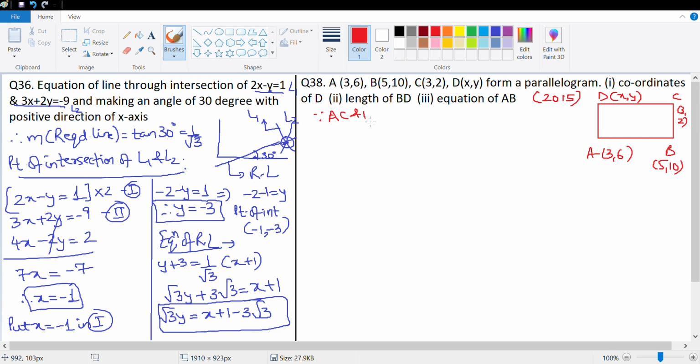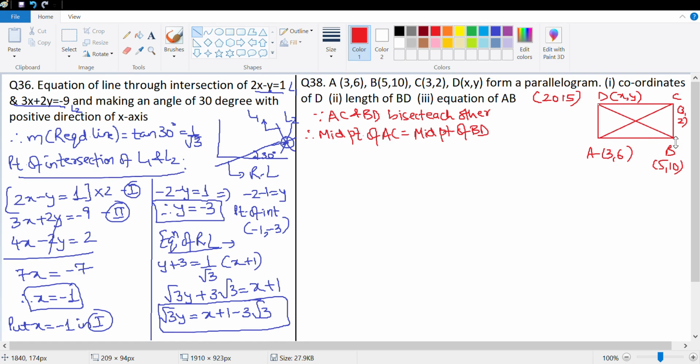Since AC and BD bisect each other, because this is a parallelogram, the midpoint of AC is equal to the midpoint of BD. Let's draw the midpoint as well.